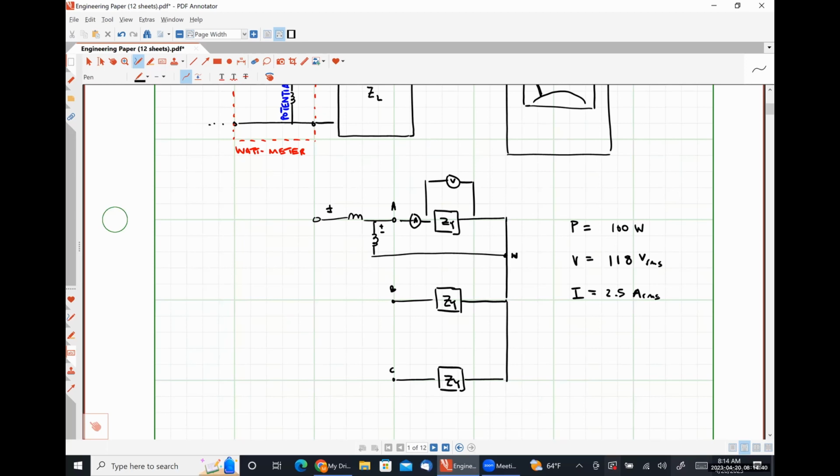What information could we get from this? So we could get the apparent power, we know the average power, so we could get the power factor, right?